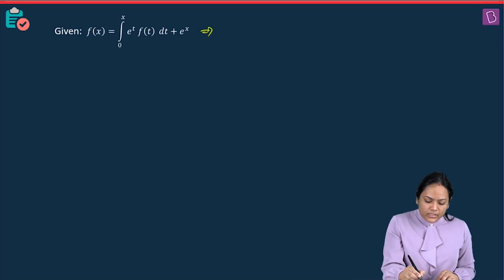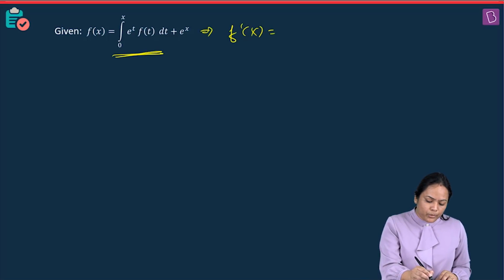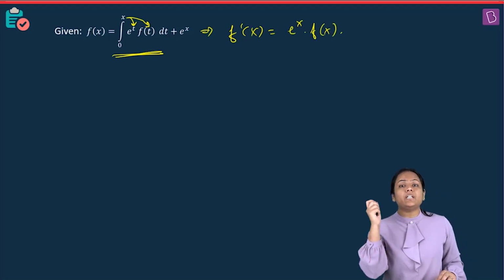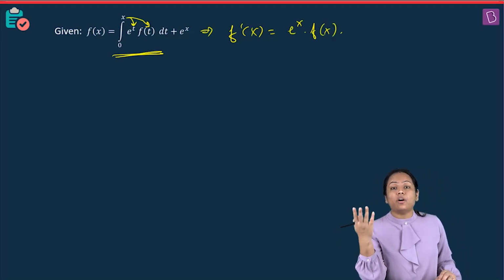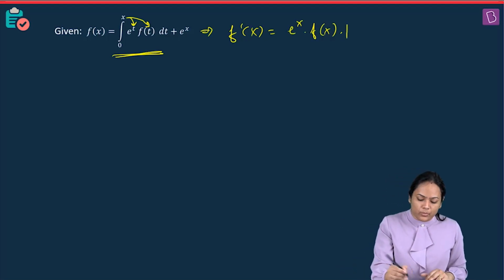So what is my Leibniz rule? When I differentiate this, it's going to give me f dash x is equal to, my derivative of the integral will be, when I put the upper limit in place of t, e raised to x into f of x into the derivative of the upper limit. Well, the derivative of x with respect to x will be 1.